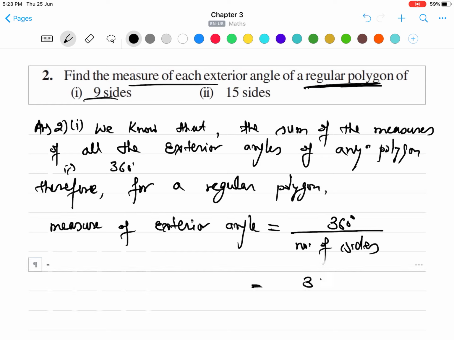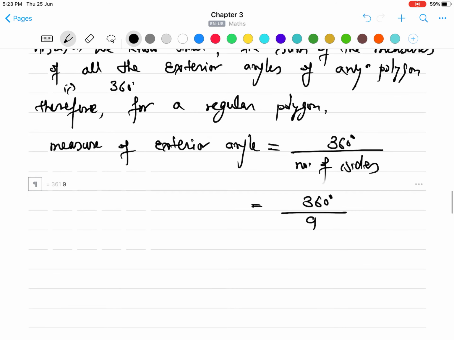The number of sides here is given as 9. So 360 divided by 9 is equal to 40 degrees. Hence the measure of the exterior angle is 40 degrees.